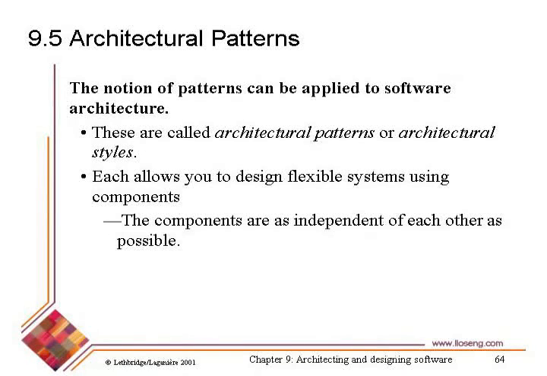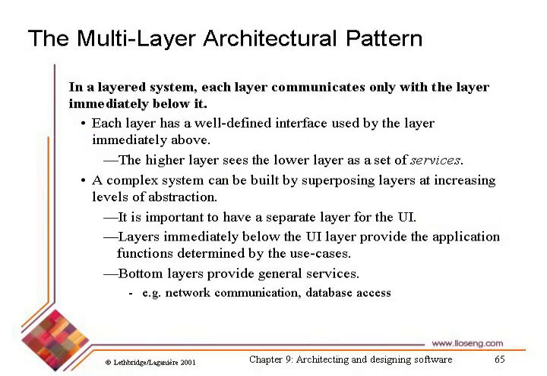The first few patterns I'm going to skip over very fast because we've seen them before, but I want to remind you that they are in fact patterns. The multi-layer pattern. The concept here is that we're going to divide the system up into units, typically components that have layer cohesion. Each layer has a well-defined interface that's accessible to higher level layers. We saw that before.